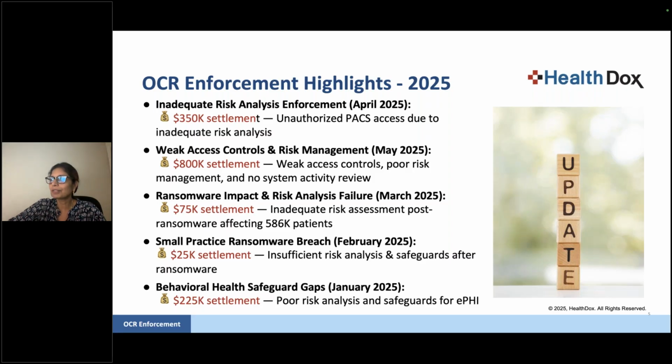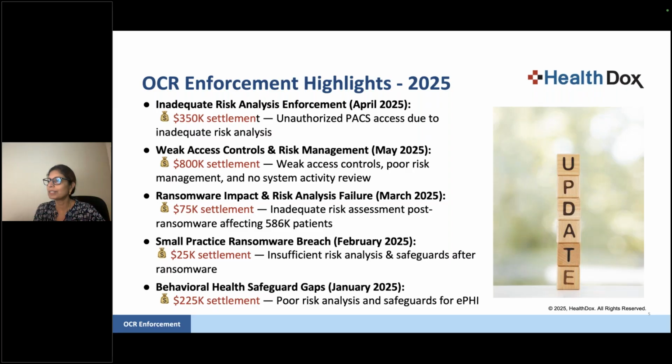There is an increased focus on technology-based safeguards for ePHI. There are also high penalties for weak access controls, missing audit logs, and similar gaps. Breach detection delays are now a top enforcement trigger, and you see these examples highlighting that.